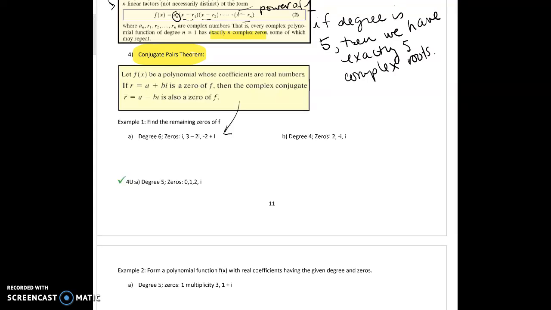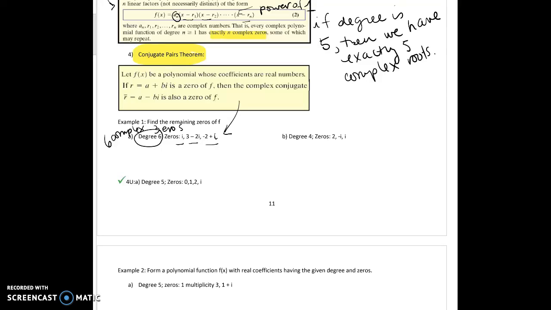Example 1, find the remaining zeros of f. You have a degree of 6. That means there should be 6 complex zeros, okay? Currently, they give you 3 roots.